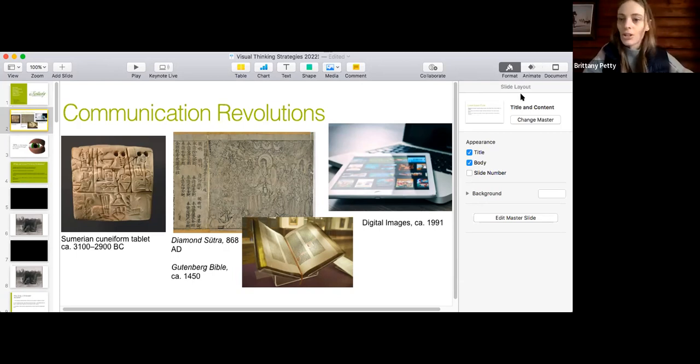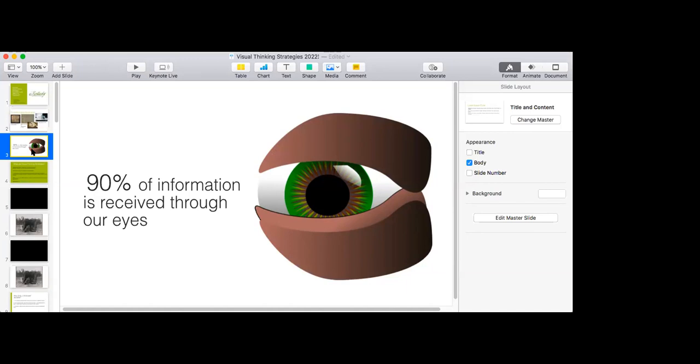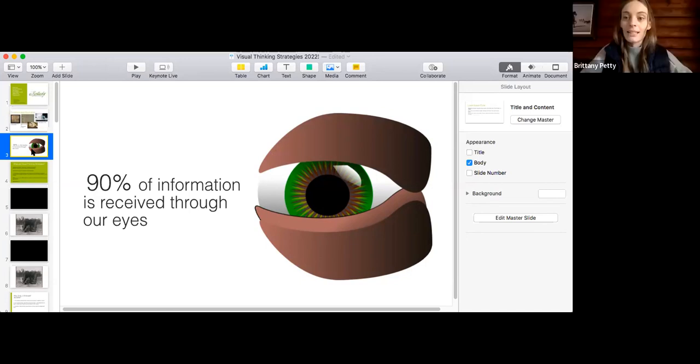Some people are visual learners, some people aren't, but actually to some degree, we all are. We take in 90% of our information through our eyes, and we make split-second judgments and decisions based on what we see. So it's one of, if not the most important sense when it comes to information.